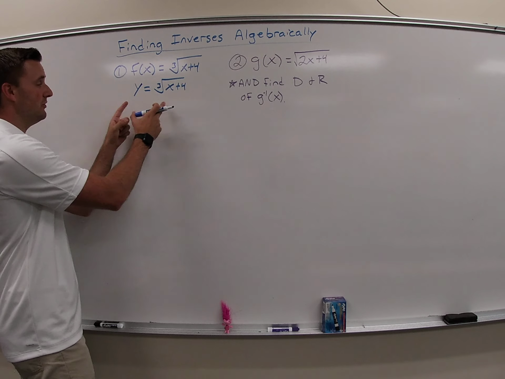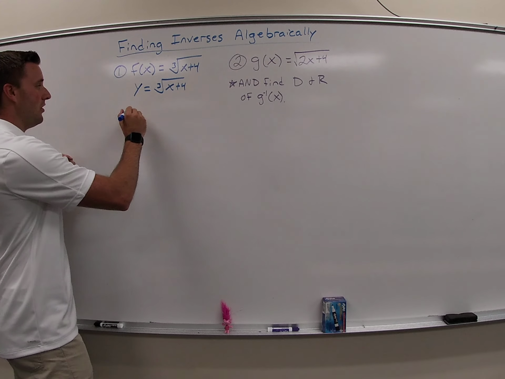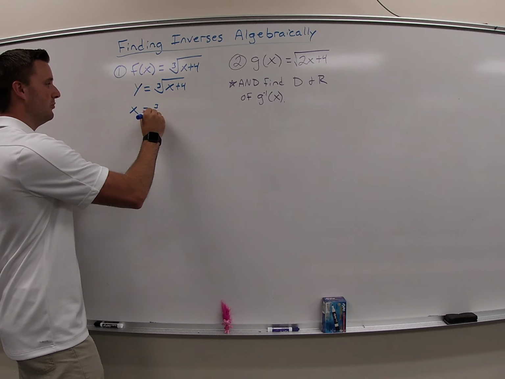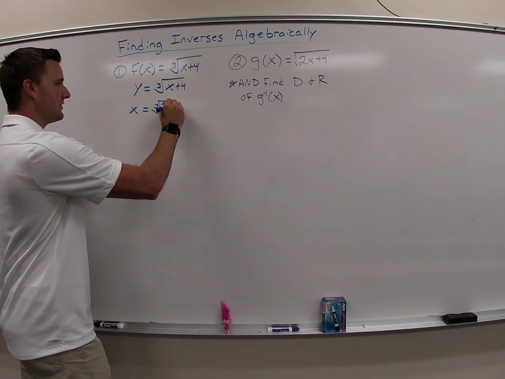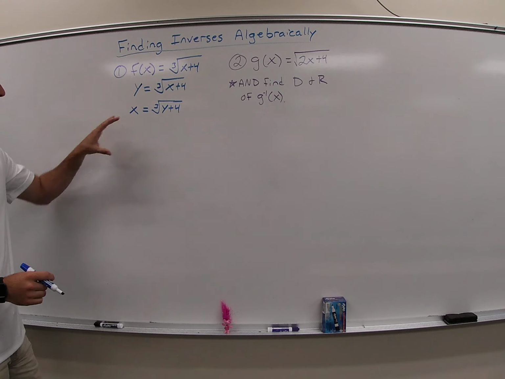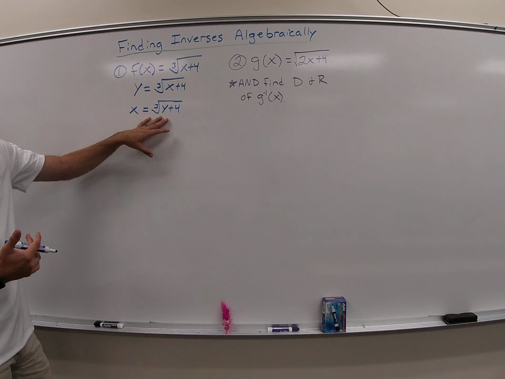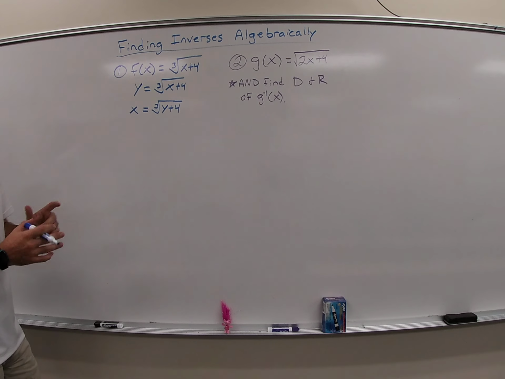So in the same way, when you do this algebraically, you're going to flip your x and y's and solve for y. So instead of y equals, it becomes x equals the cube root of, and instead of x plus 4, it becomes y plus 4. Now from here, once I solve for y, that is my inverse. So we'll rewrite it, instead of y equals, as f inverse of x equals.